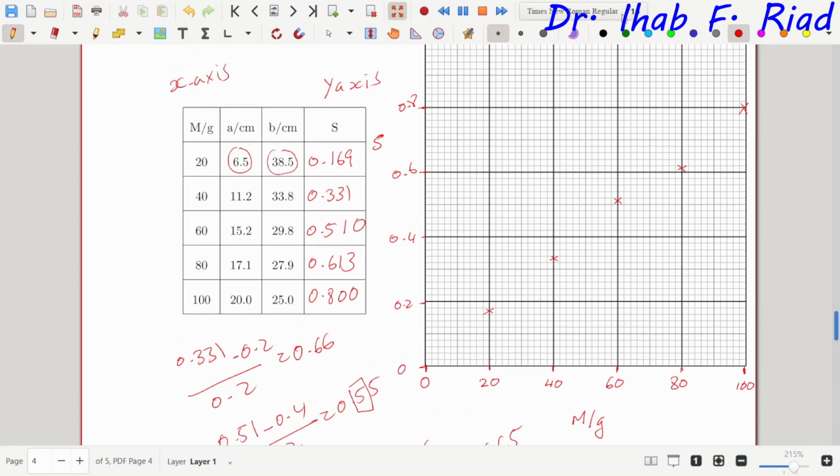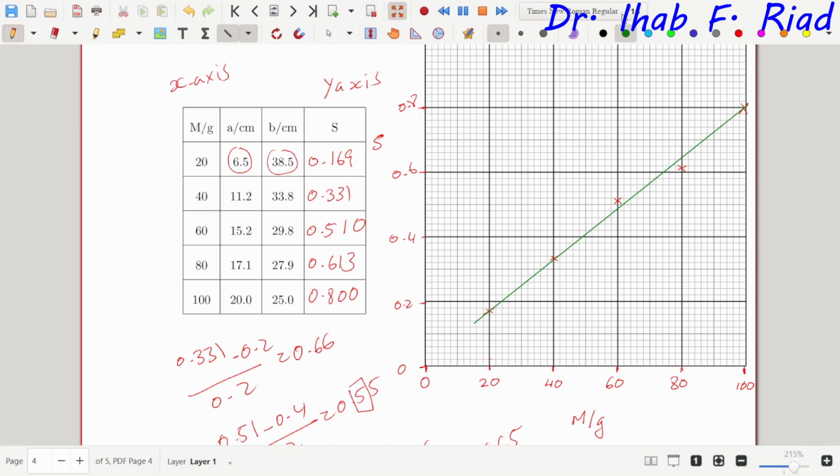Okay. Now let us make the graph. I think this should be a good line.